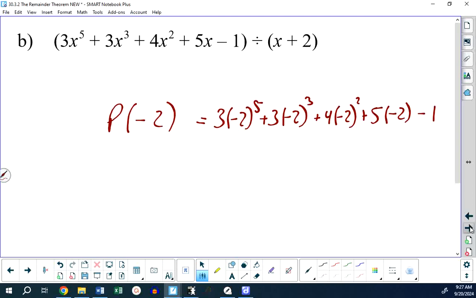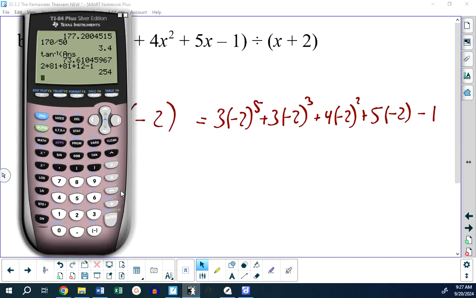You're going to put the polynomial in your y, go to your table, and enter negative 2. Do you get my idea here, that you're kind of cheating behind the scenes? You don't have to explain to the marker on a diploma exam how you got this. You just need to be able to get it. And I don't know, some of you might be quicker at just entering that in. I mean, negative 2 to the 5 is negative 32. You could do it that way. But I'm going to go 3x to the 5.